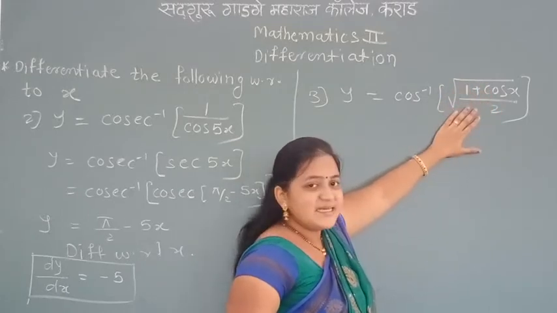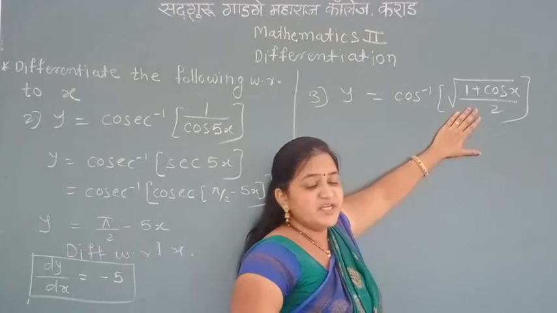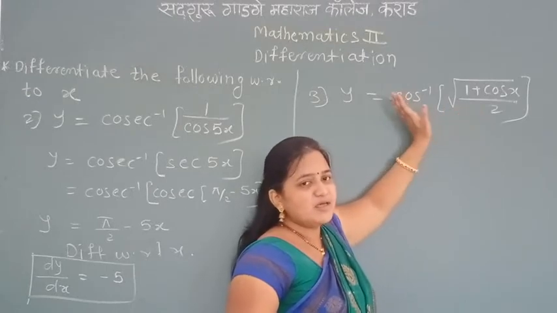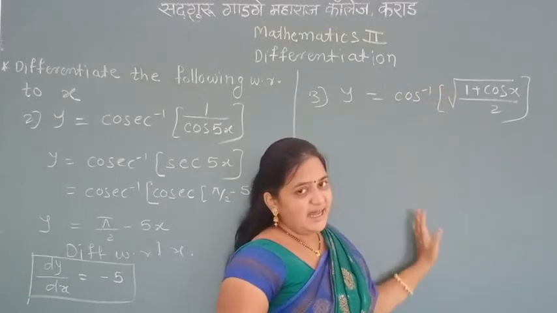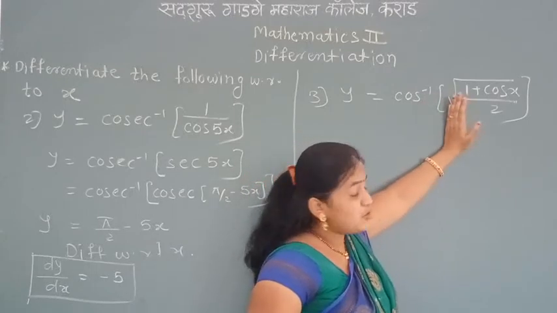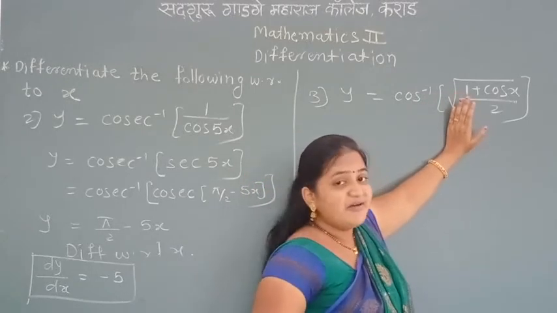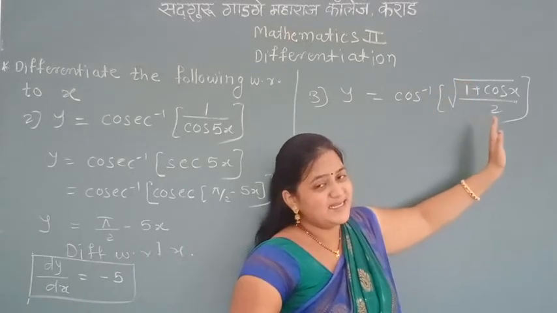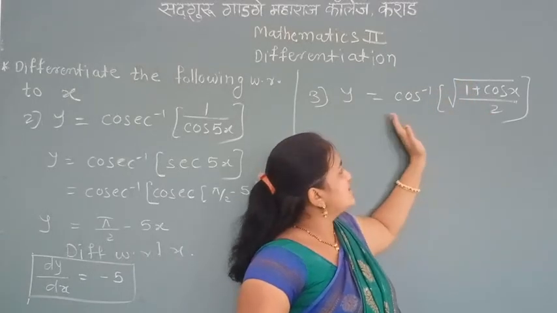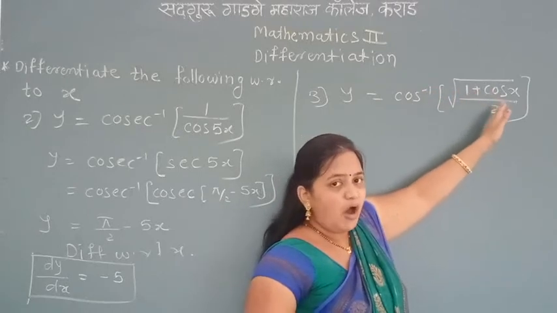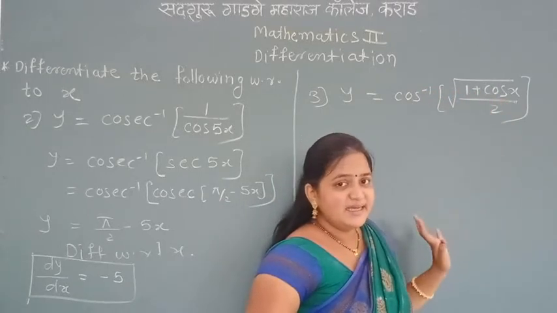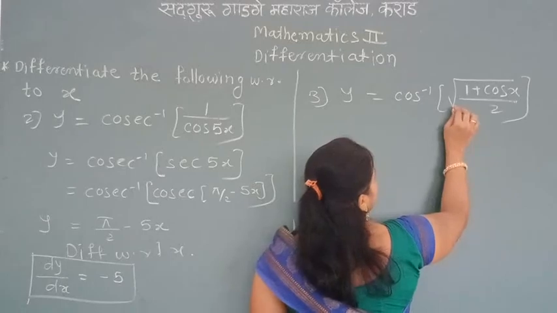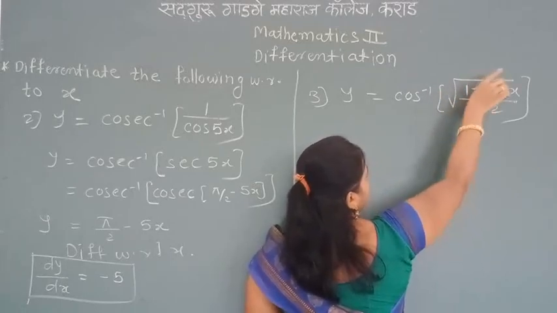If you convert to cos, we can directly use the identity formula, cos inverse of cos x, we get x. And if you convert into sine term, we have a formula sin x can be converted to cos of pi by 2 minus x, and again we can use cos inverse of cos, we can write only the angle. So this square root we can delete it.